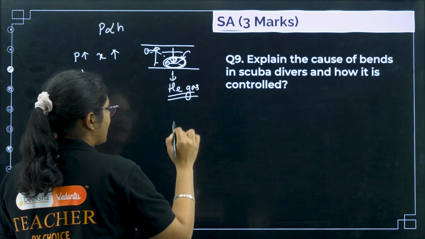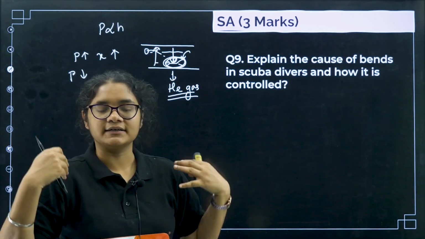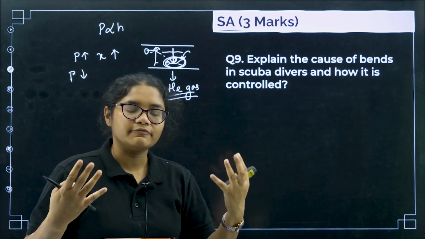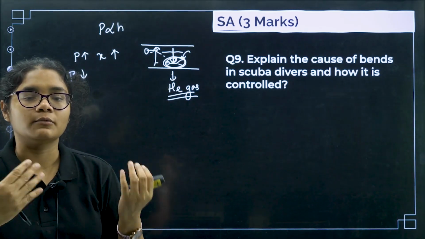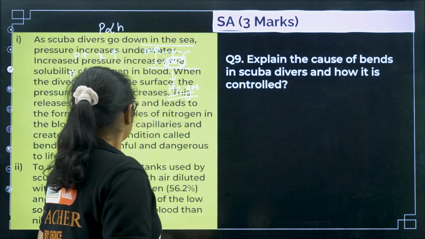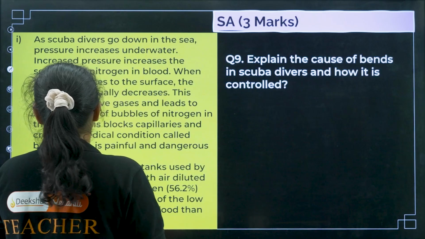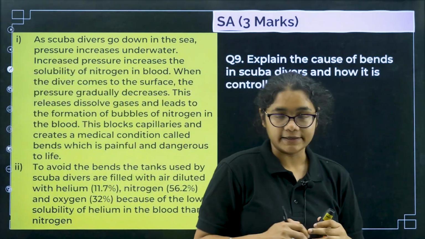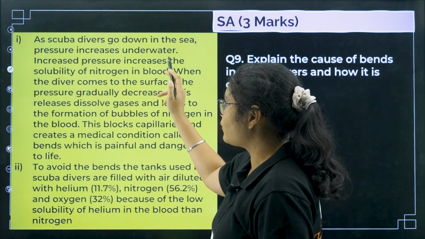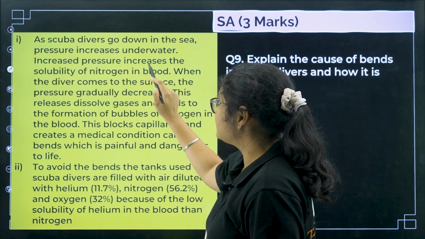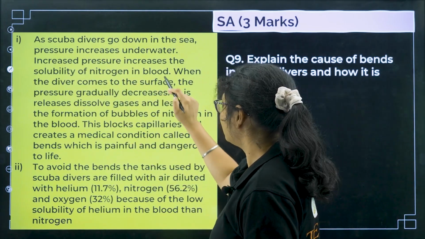Helium has very little solubility, so it doesn't dissolve much. When the person comes out, there is not much problem. As scuba divers go down in the sea, pressure increases underwater. Increased pressure increases the solubility of nitrogen in the blood.